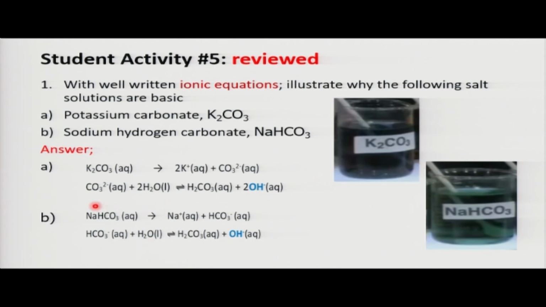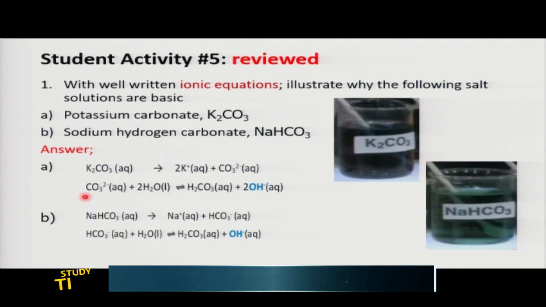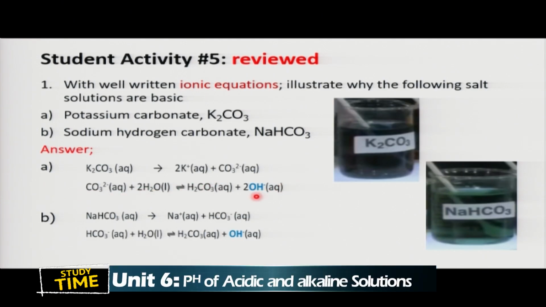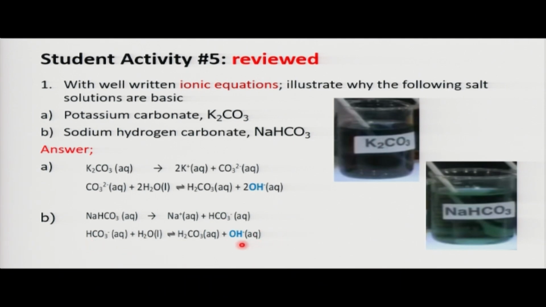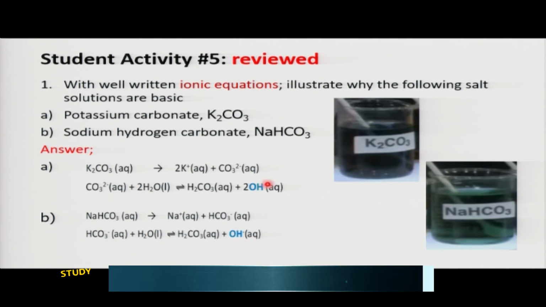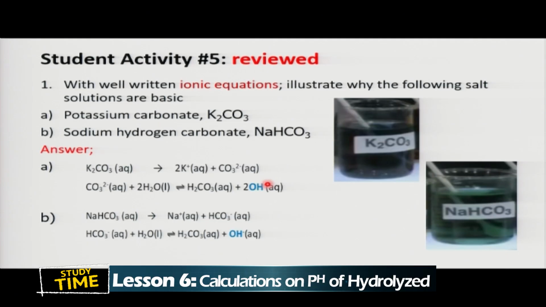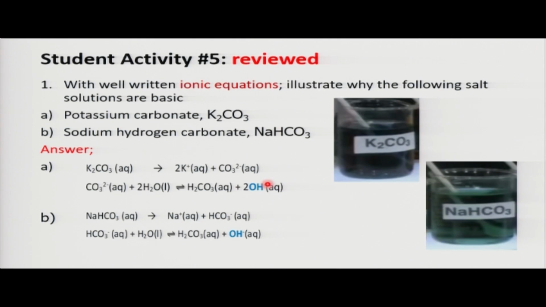If you look at the second equation of the carbonate, 1 mole of the carbonate releases 2 moles of OH ions, whereas for hydrogen carbonate, 1 mole releases 1 mole of OH ions, indicating the concentration of OH ions in potassium carbonate is higher than in sodium hydrogen carbonate. This is the reason for the difference in the pH values as we noted. So that is what we can review of what we had covered previously.